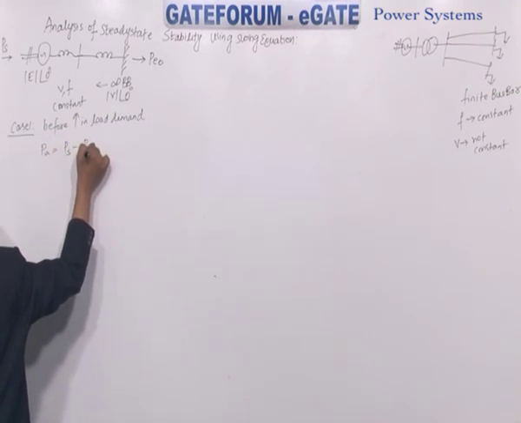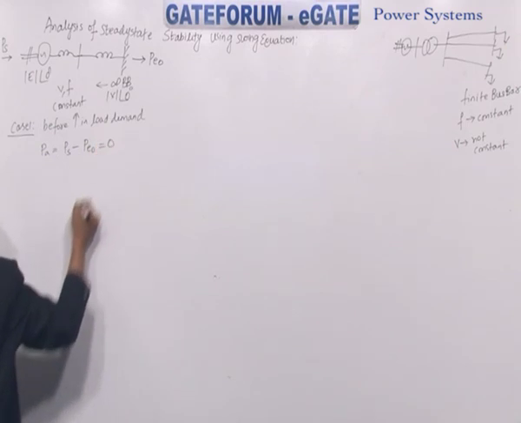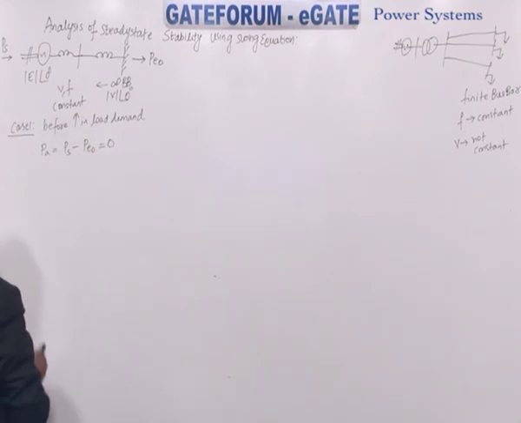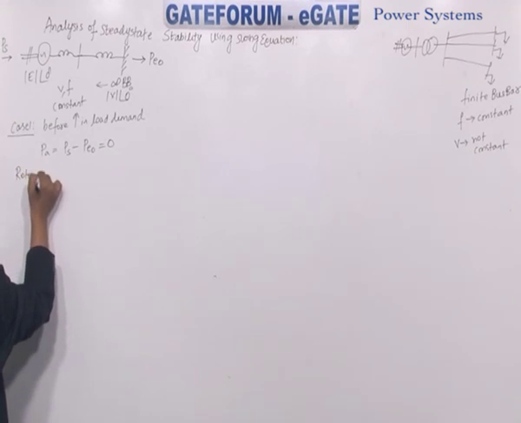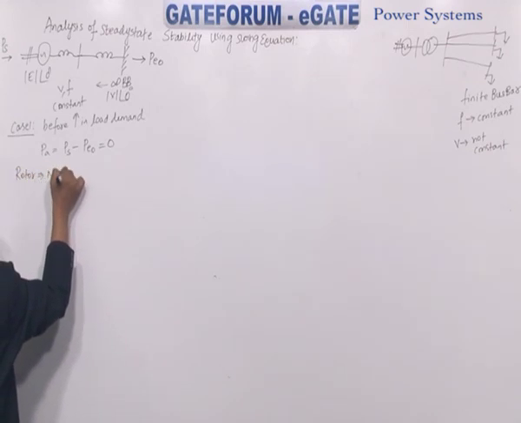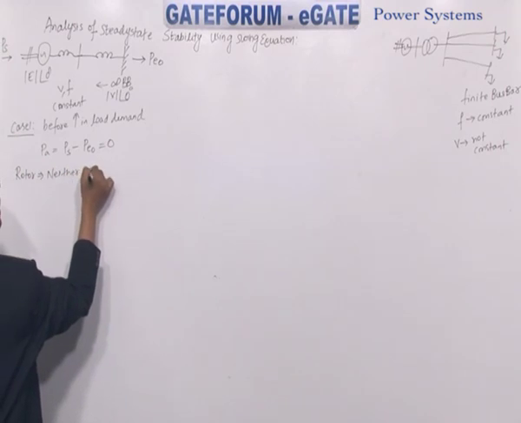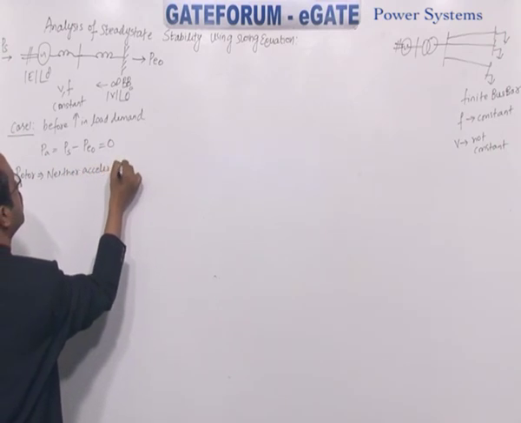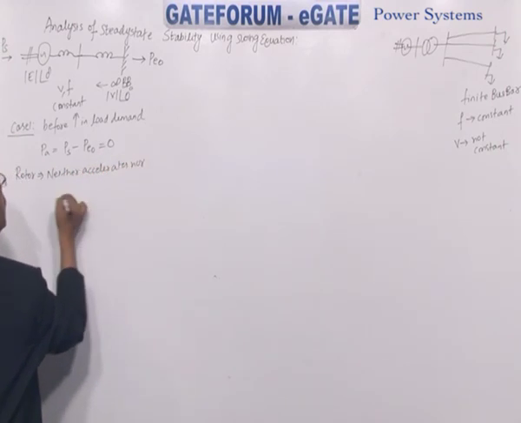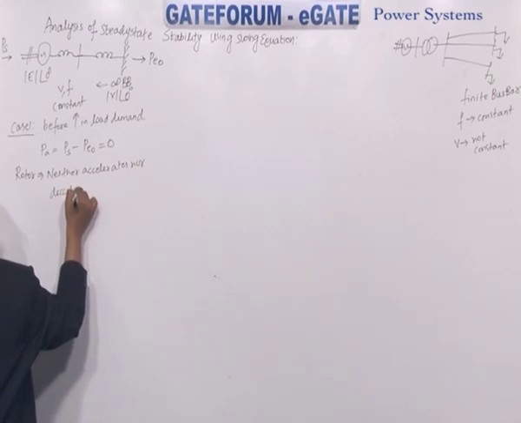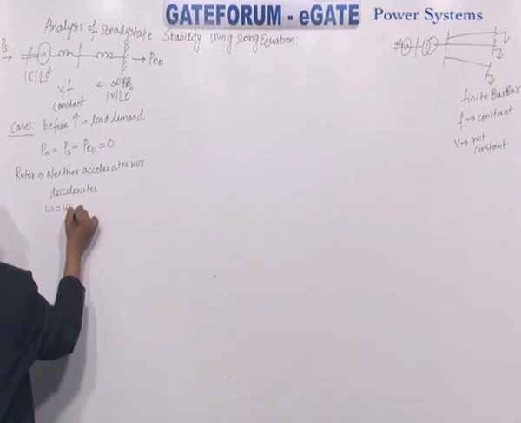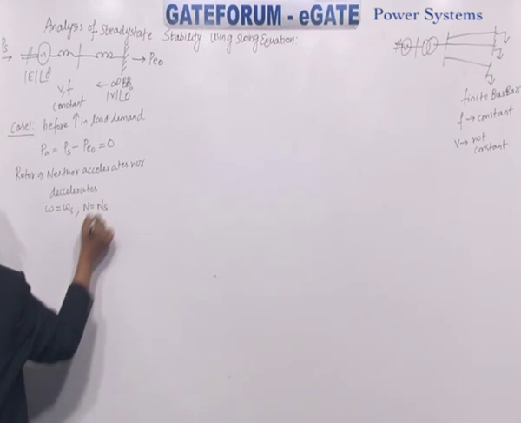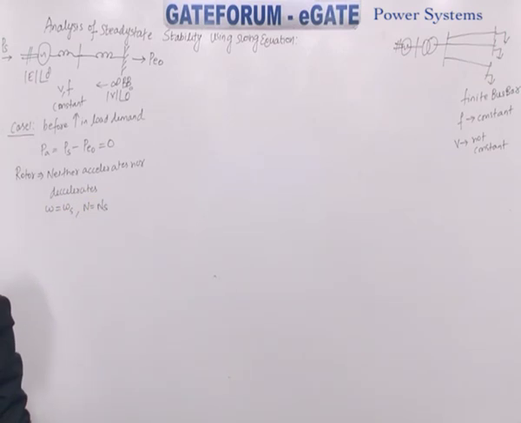Mechanical input minus electrical output, both are equal, so Pa is 0. Pa equal to 0 means the rotor neither accelerates nor decelerates. So omega is omega s, N equal to Ns.